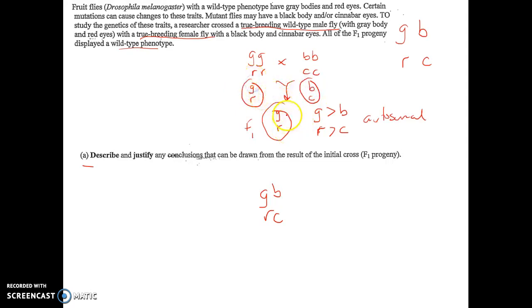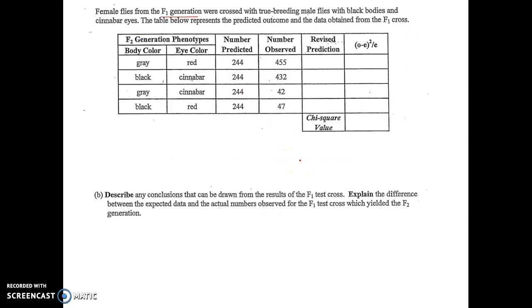So when you cross those, you're going to get this as the offspring. So these F1 were crossed with true breeding male flies with black bodies and cinnabar eyes, which is like this. So he is only making these kind of gametes.